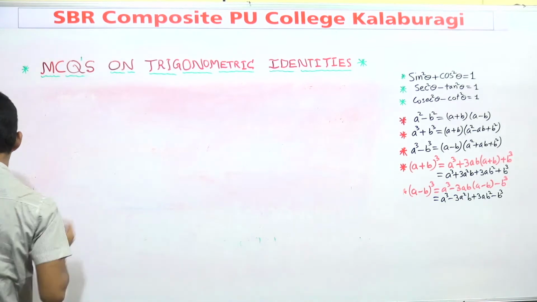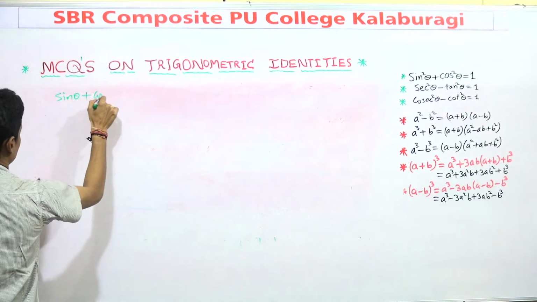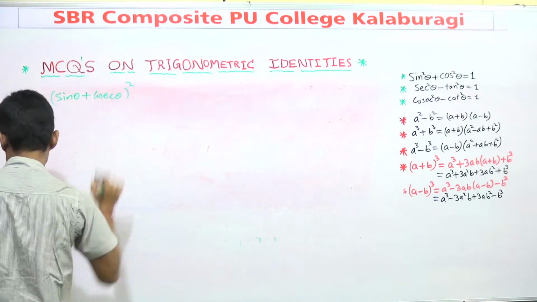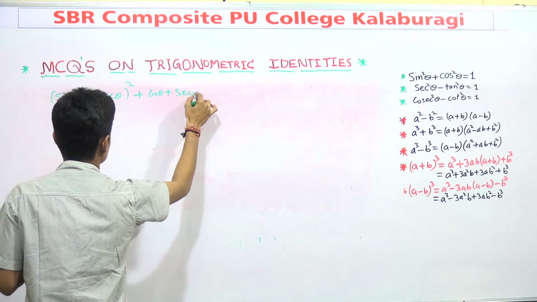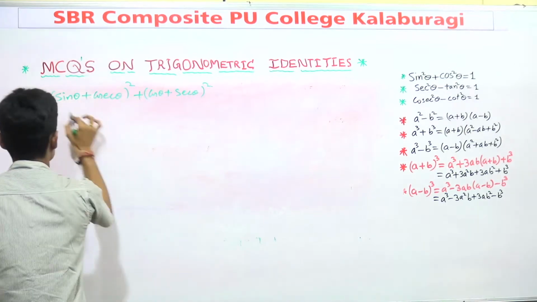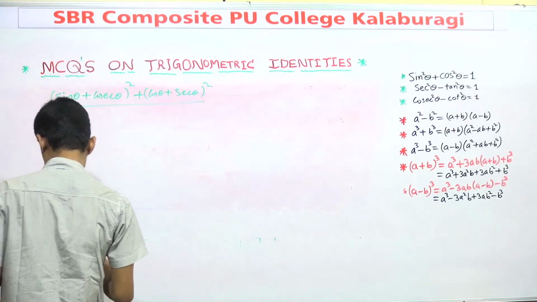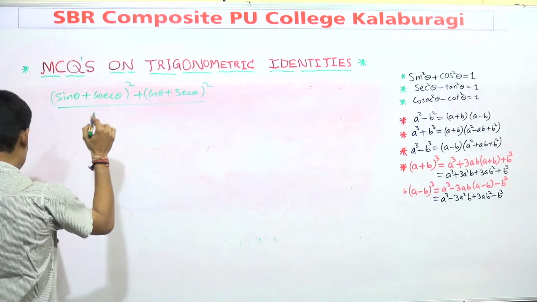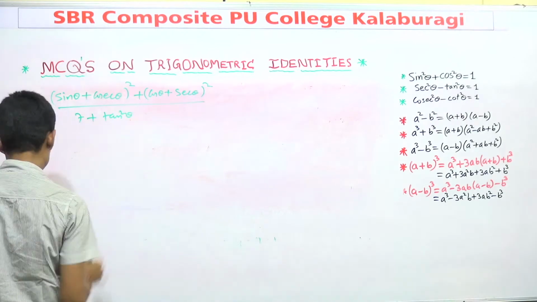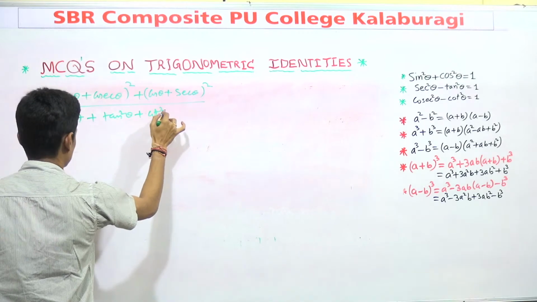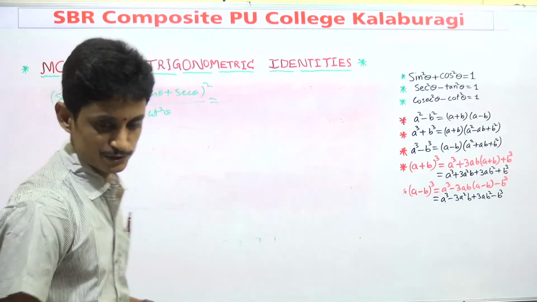That question is sin theta plus cosecant theta whole square plus cos theta plus secant theta whole square, whole divided by 7 plus tan square theta plus cot square theta, equal to. It looks difficult but orally it is not possible. Just use the pen and give me the answer.